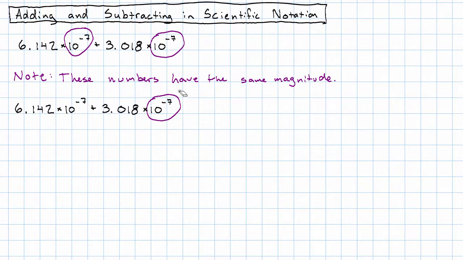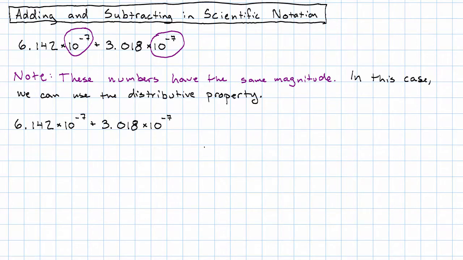We have a rule that tells us how multiplication and addition interact, and that's the distributive property. So this number times 10 to the negative 7th plus this number times 10 to the negative 7th is what we get if we add together the two numbers and multiply by 10 to the negative 7th.